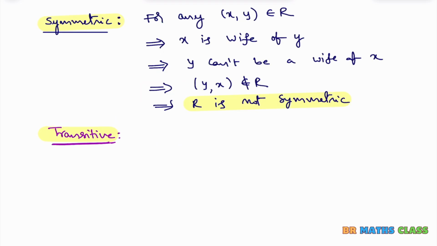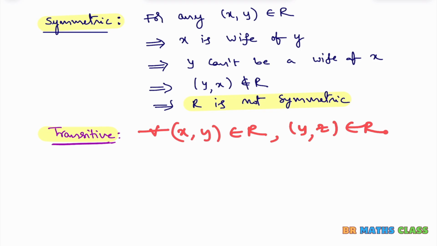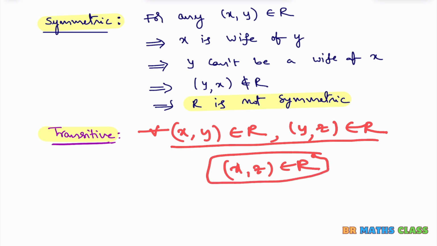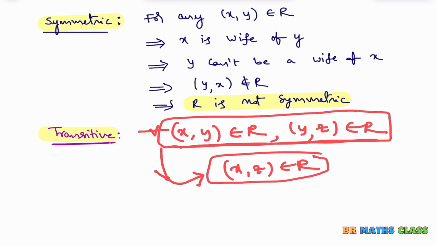Now we'll check the transitive condition. What is the transitive condition? If x comma y belongs to R and y comma z belongs to R also exists, then for this pair of order pairs, we look whether x comma z exists in the relation or not. Here the important thing is, if x comma y and y comma z don't exist in the relation, in that case no need to look for x comma z.